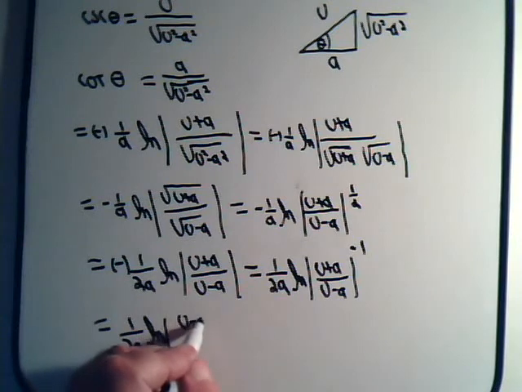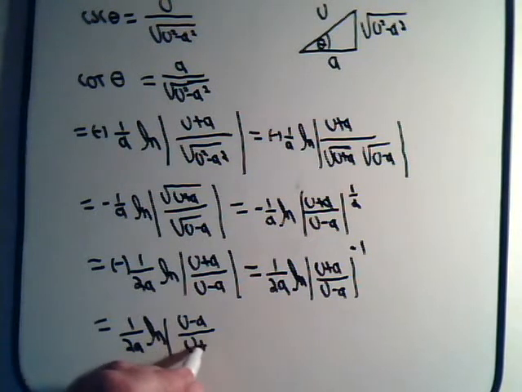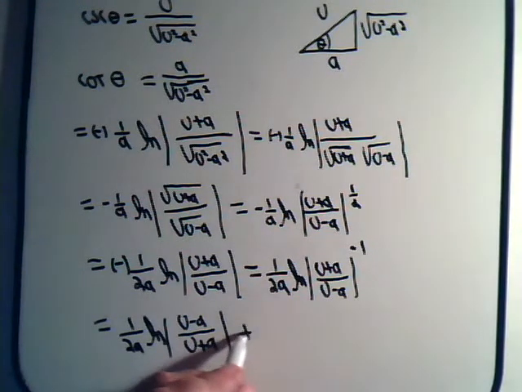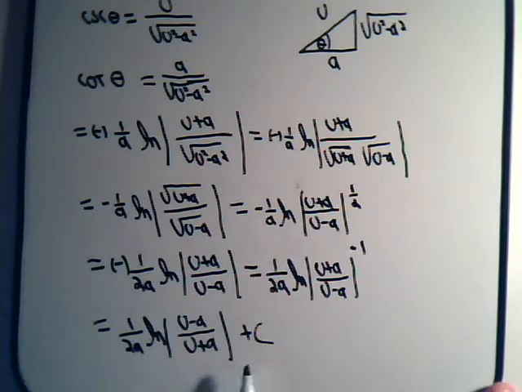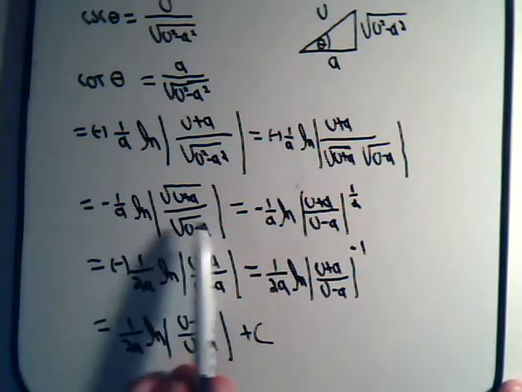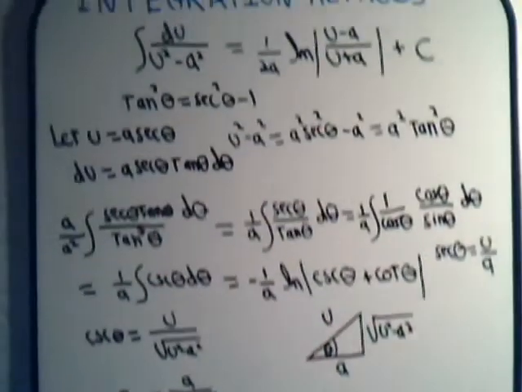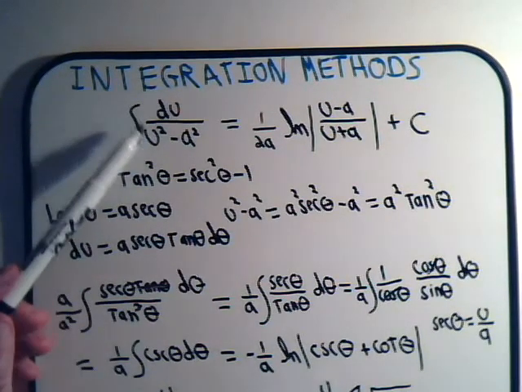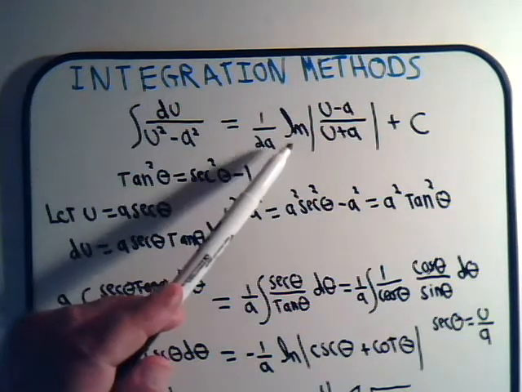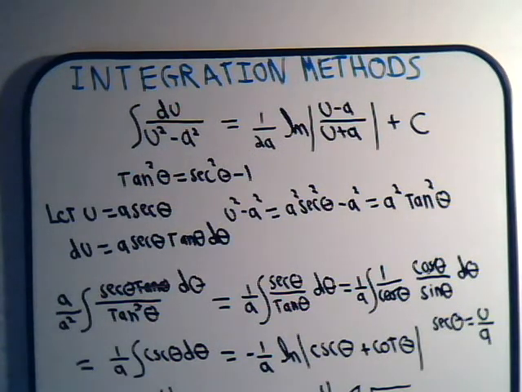We'd have u minus a divided by u plus a. So this, plus an arbitrary constant of integration, is what we would get. Of course, this is an acceptable answer, but we can do some manipulations here, get it into this form, and that's the solution to this integral using the trig function, which is the same as what we got when we used the partial fractions. So, okay, that worked out all right for us.